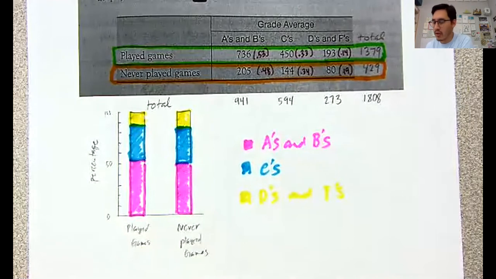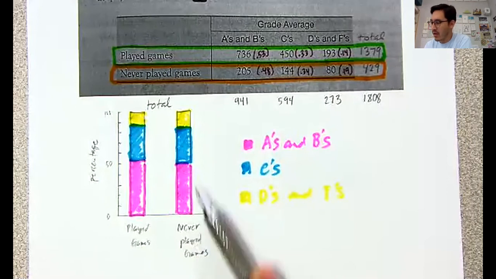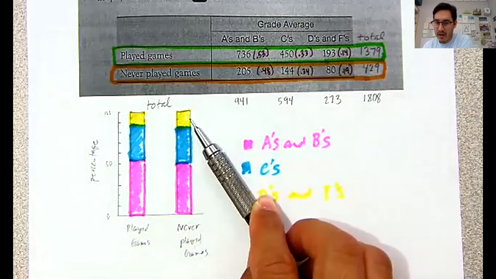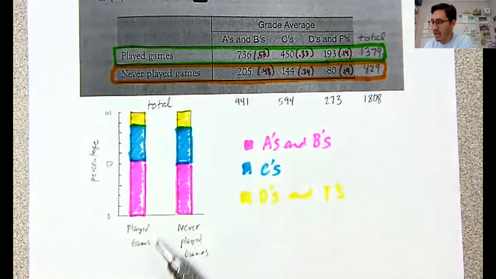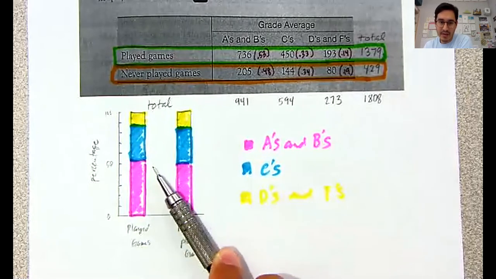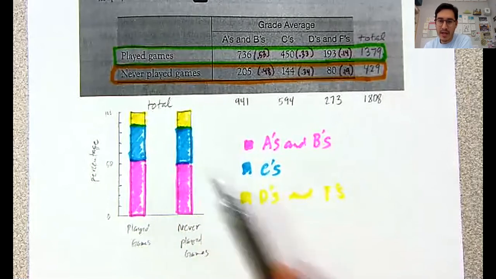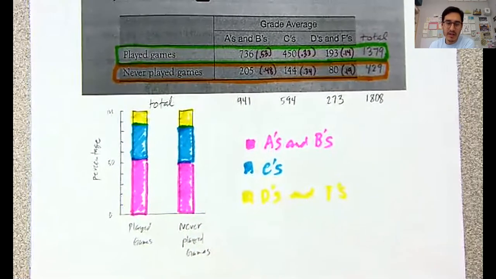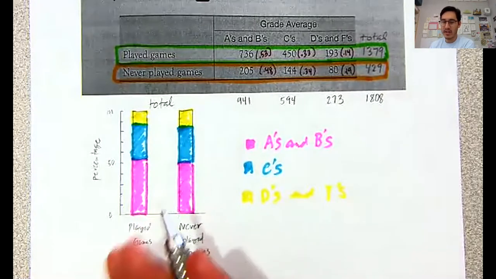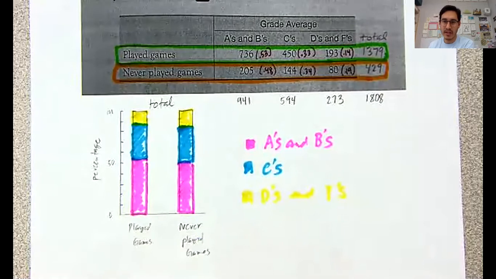If we were really forced to, we could say, well, maybe boys who don't play games are at slightly, are a little bit more likely to get D's and F's, right? And boys who played video games maybe are a tiny bit more likely to get A's and B's, right? This is maybe a little bit higher than that, but again, to the naked eye, it's really hard to tell because, at least from a foot back of looking at this paper, they look almost the same size. The difference is minute.